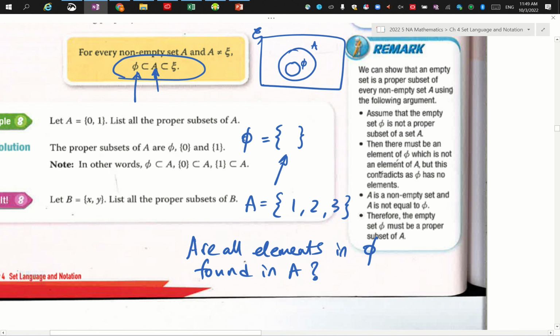Why not? What are the elements inside the empty set? There's nothing. So is the nothing found inside set A? A has 1, 2, 3, it is not nothing. But empty set has nothing. Is the nothing found inside the set A?